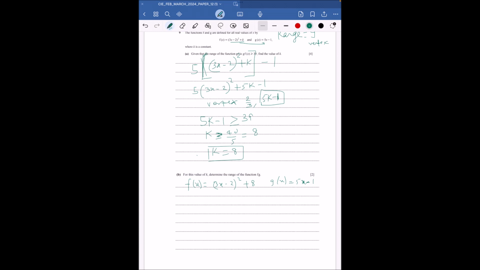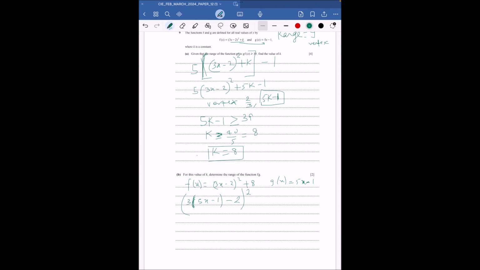Would that actually change? Okay, let's say so 3 brackets, 3 brackets 5x minus 1, okay, then minus 2, all squared.